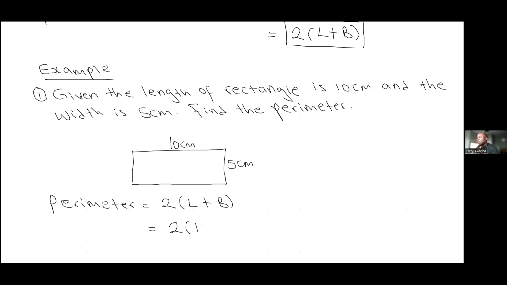And this is going to give us 2 times 15, which is 30 centimeter. And that is how you find the perimeter of a rectangle. Is that okay? So basically, you need to know the length and the breadth first before you find the perimeter.